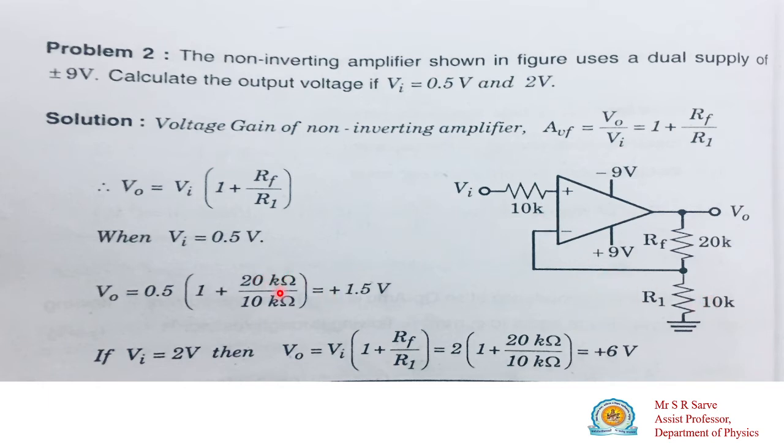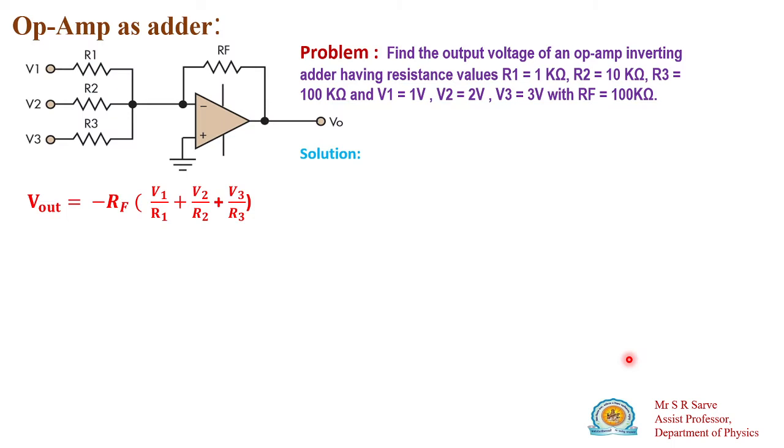So 20 kilo ohm divided by 10 kilo ohm equals 2, 2 plus 1 equals 3, and 0.5 into 3 means 1.5. So the output voltage is 1.5 volt. Then apply the same condition for 2 volt, and you will get an output of 6 volt. In this way, we solve the problems for inverting and non-inverting amplifiers.